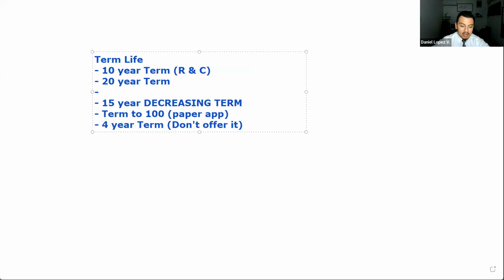And then it's a 30-year. Also decreasing term. Okay, so it's a 10-year term, which is the most popular one that you're most likely going to see. It's a 20-year term, 30-year decreasing term, 15-year decreasing term, term to 100, which is a paper app. You can only do it through a paper application, and 4-year term, which they don't offer.